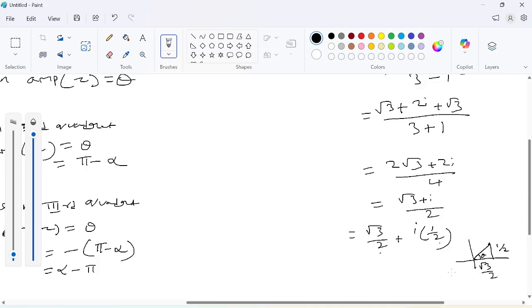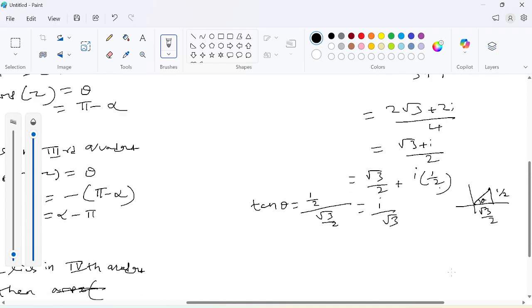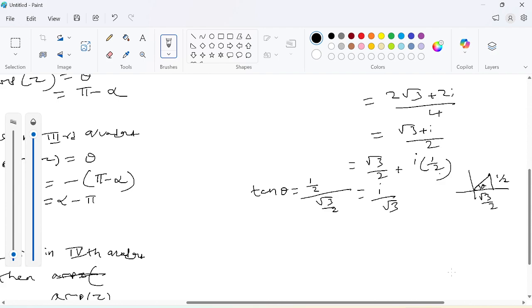Then what is theta? Let me take tan theta. Tan theta will be 1 by 2 divided by root 3 by 2, so 1 by 2 into 2 by root 3, which is 1 by root 3. Then what is theta? Pi by 6. So this is your amplitude.